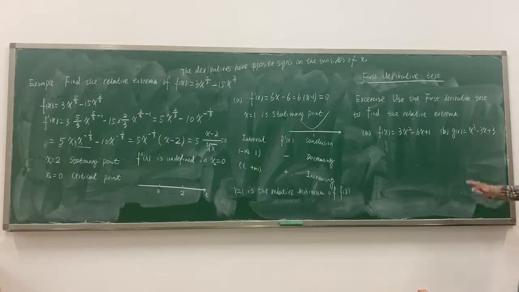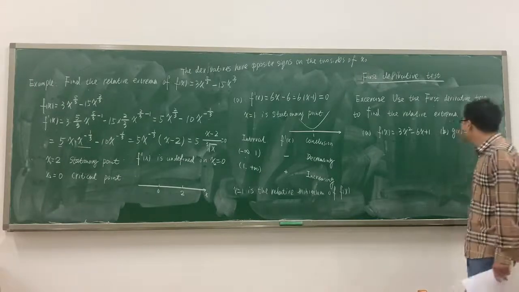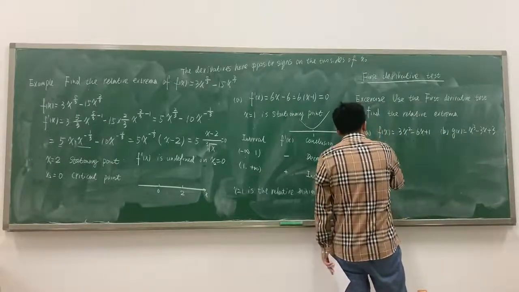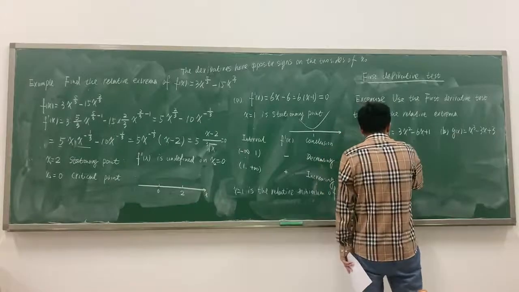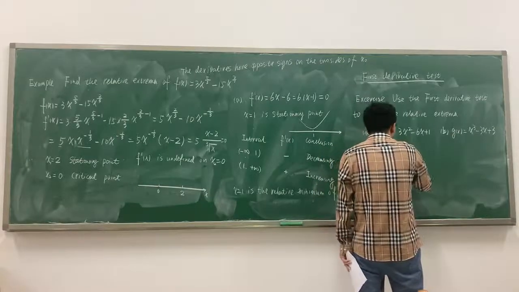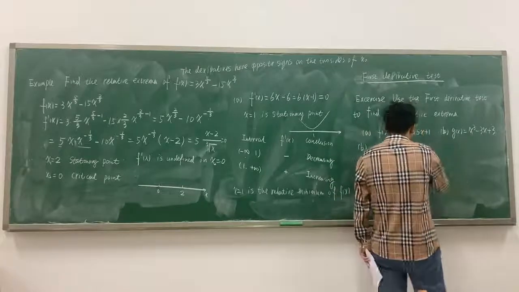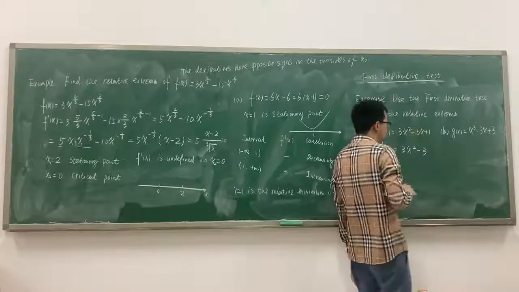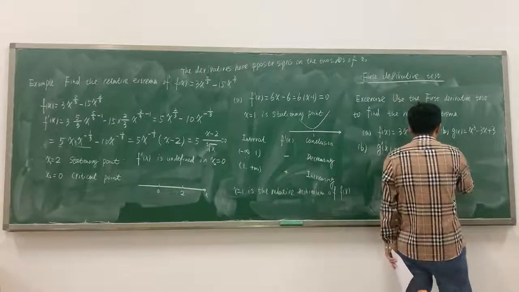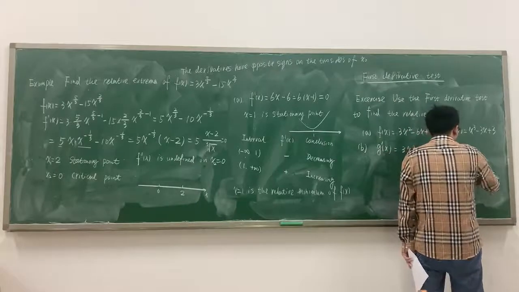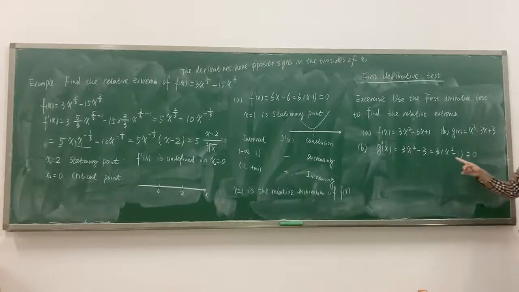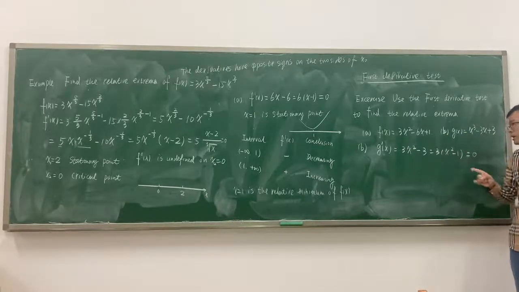Yes. So now for the second one, first we find the derivative. So for g(x), g prime equals 3x squared minus 3, which equals 3 times (x squared minus 1). Setting that equal to 0, x equals plus 1 or minus 1.